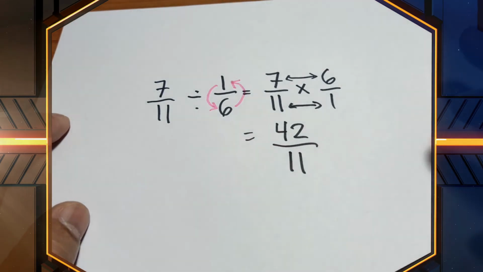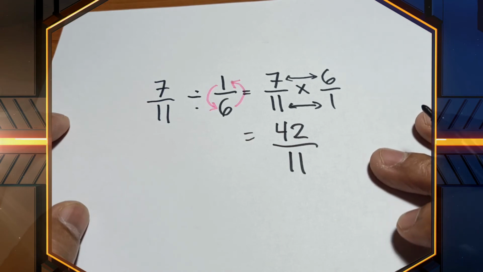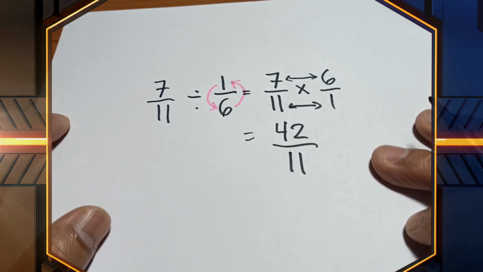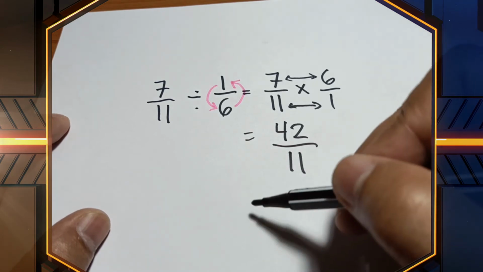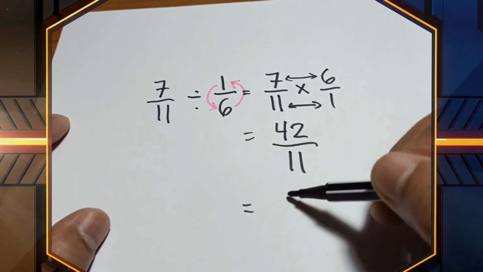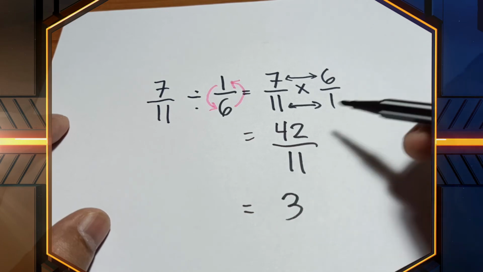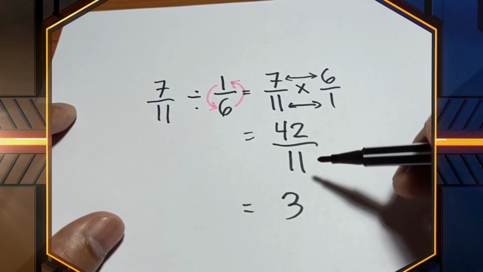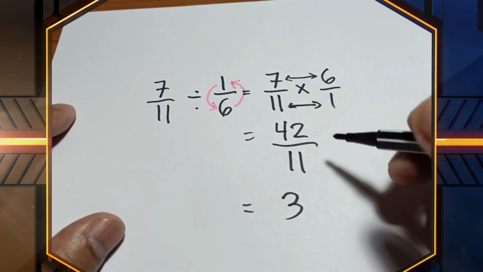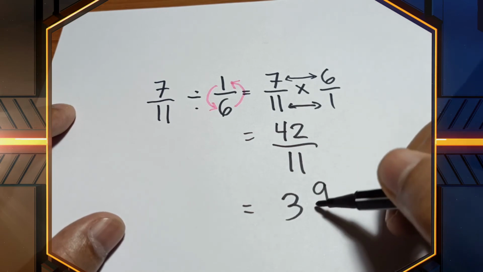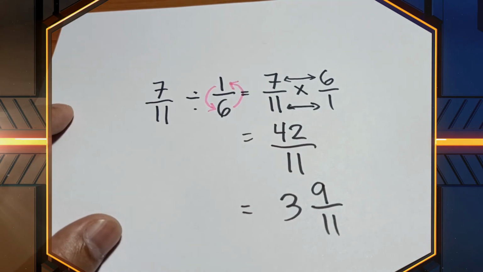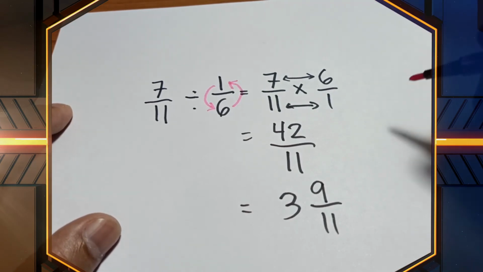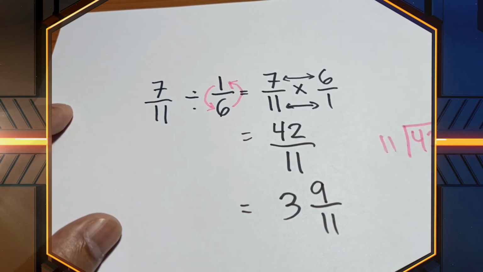Now this fraction we can put into a mixed number. How many 11s can you make from 42? We can make 3 elevens, and that is 33, with remainder 9 over 11. How did I get that? We simply divide 42 by 11.